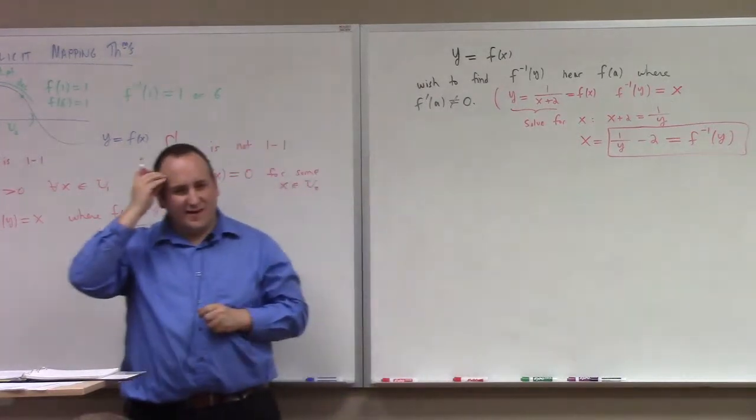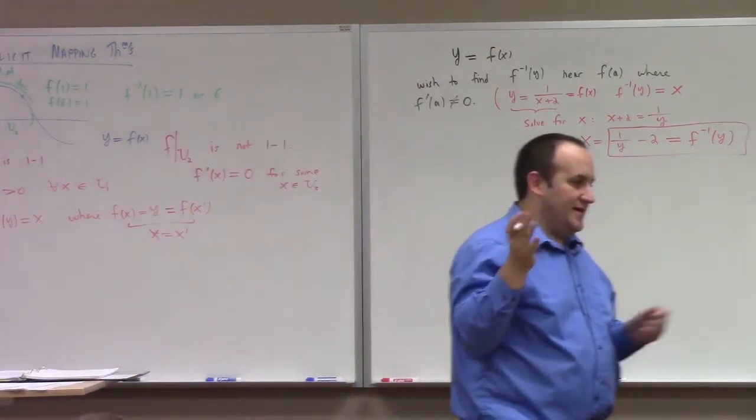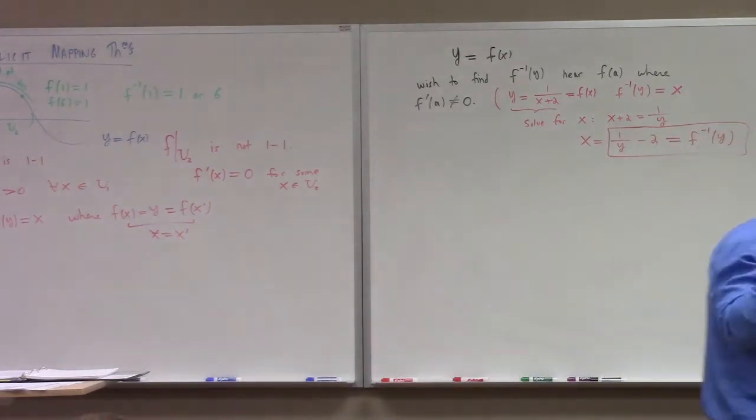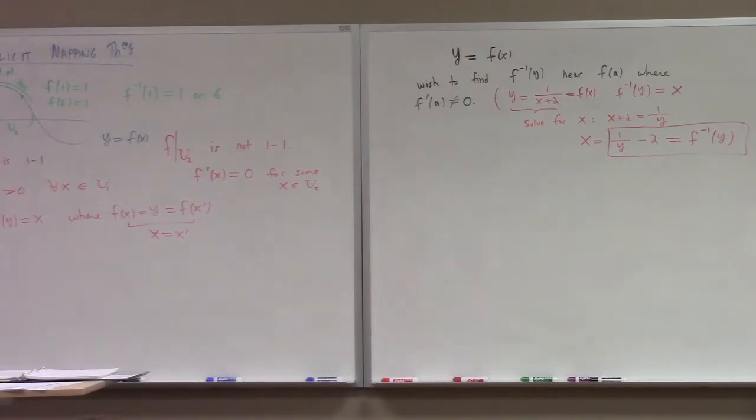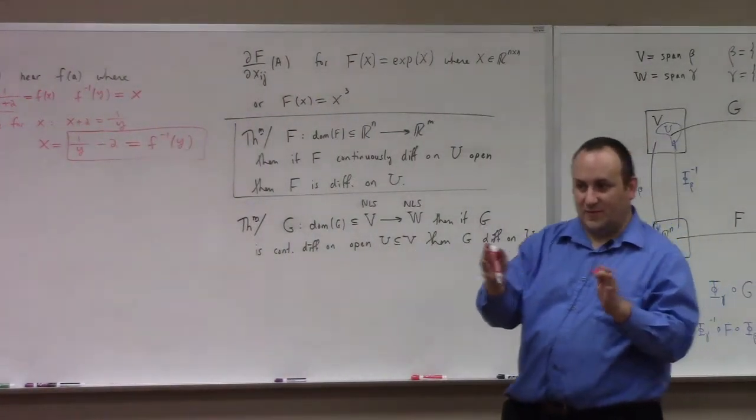You got to free your mind of that garbage that they tell you in middle school about you take x, you take y, you switch them around, and you do this stuff that you don't understand. Why do they tell you that? It's so that you can write f inverse of x. Because high school algebra teachers don't believe that you can understand a function of y. But we can.